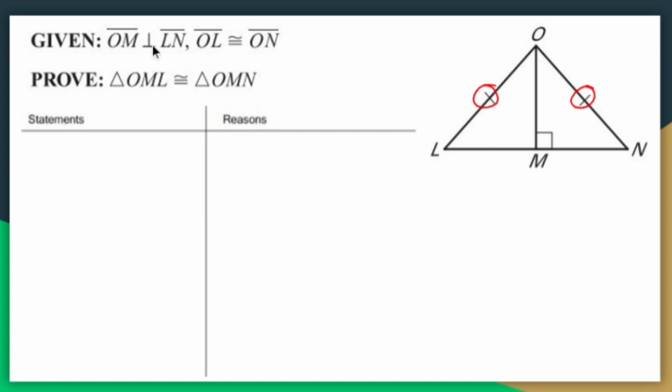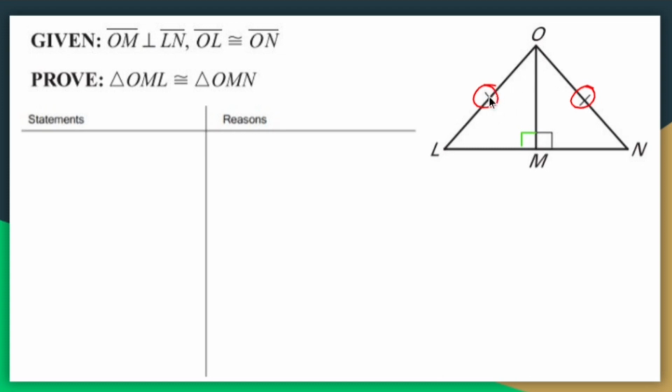We are told that these guys are perpendicular, which means we are allowed to say that these two angles are right, which means we could say that these two triangles are right triangles.